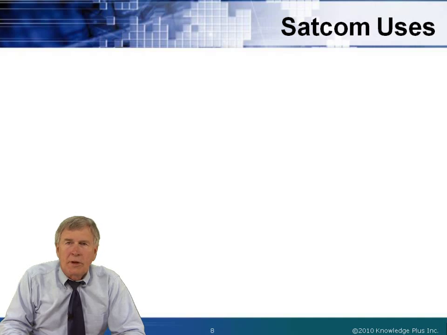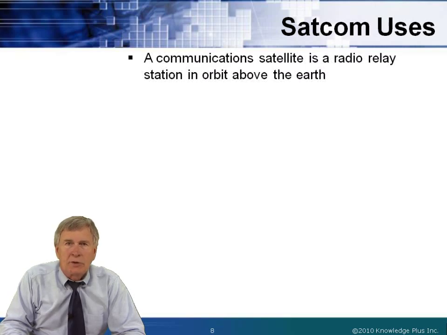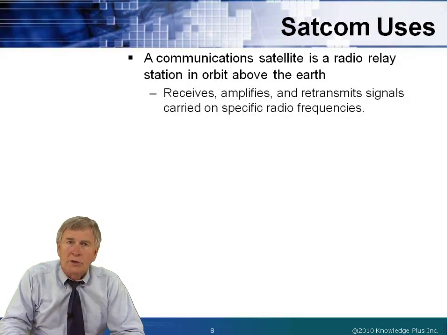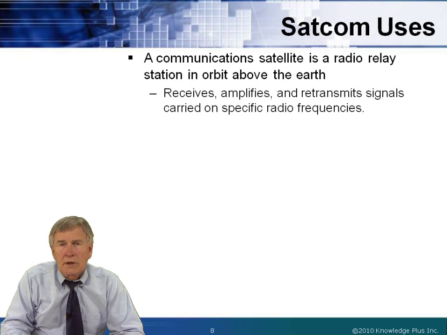Let's take a look at some of the uses for satellite communications. Namely, the primary one is telecommunications. In essence, a satellite is just a radio relay station in orbit above the Earth, where a signal from the Earth is received, converted to a new frequency for downlinking, amplified, and then retransmitted back to the Earth.